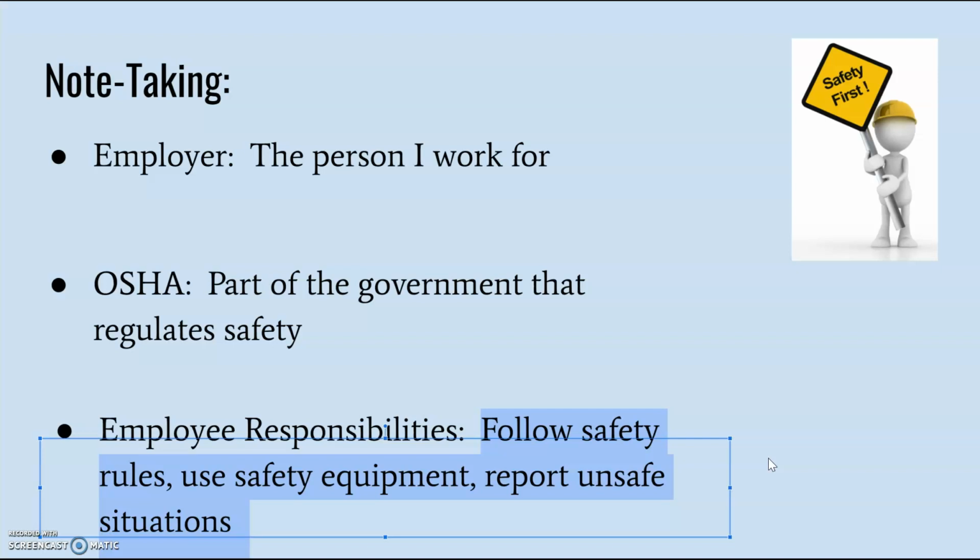So maybe something spilled and you could easily mop it up so nobody slips. Obviously, you can fix those situations yourself. But you really need to keep in mind that you are responsible to follow safety rules, use safety equipment, and report unsafe situations.